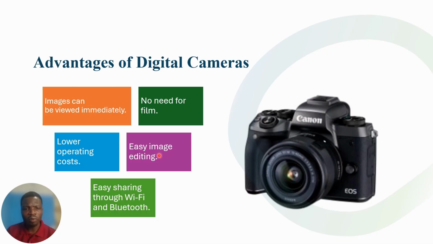We looked at some of the types of digital camera. We also studied the differences between a digital camera, a smart camera and a smartphone camera. Then we also looked at the advantages of these cameras. So we proceed to social media platforms.